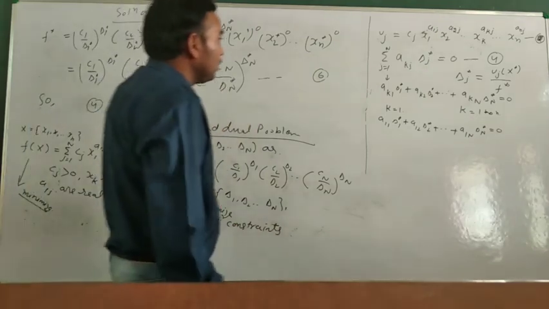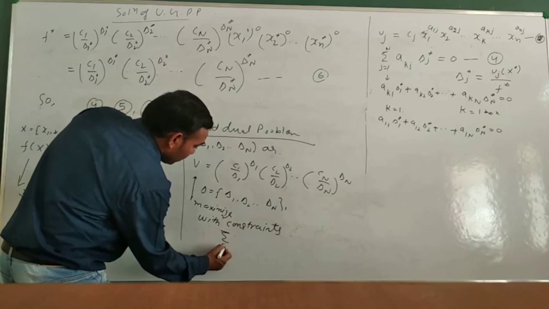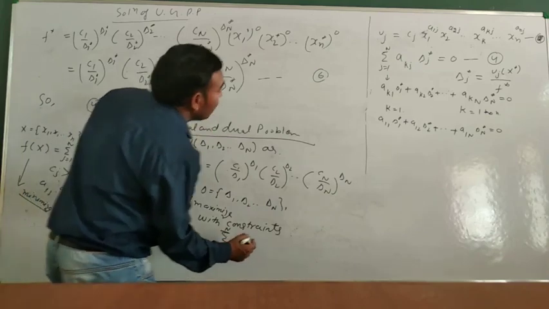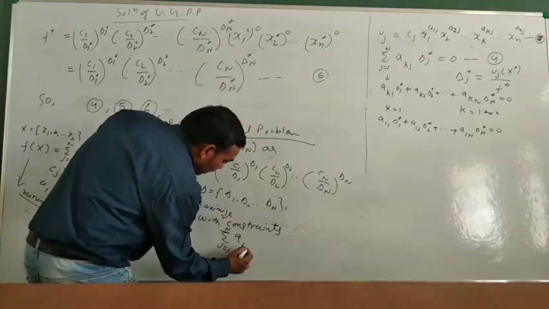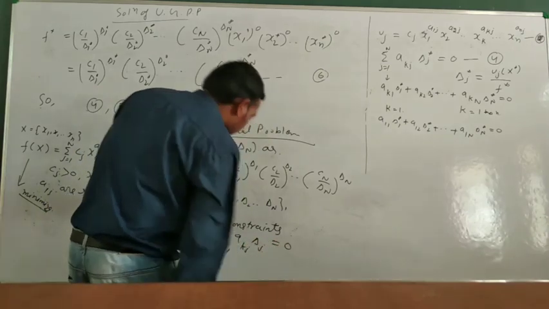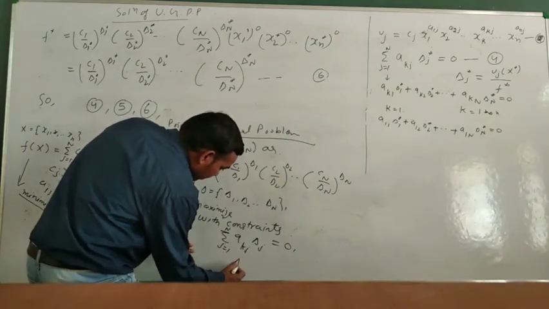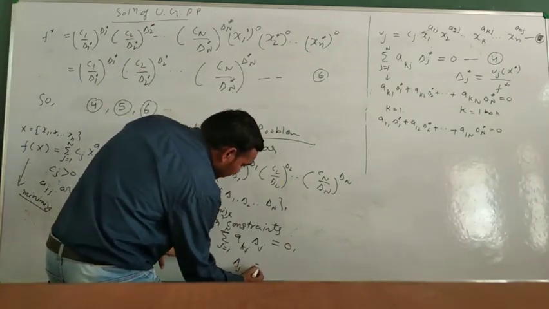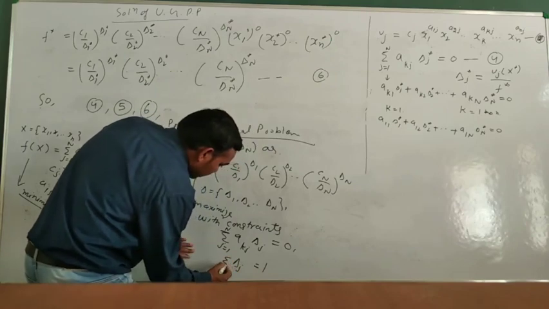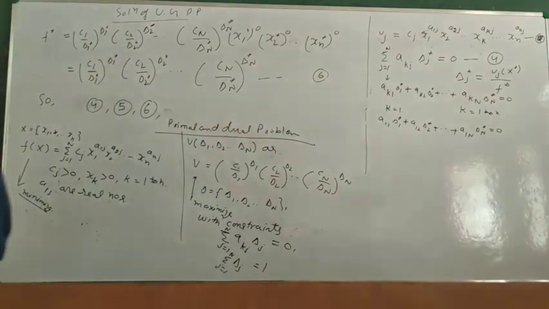What are the constraints? Summation j equal to 1 to n akj del j equal to 0, and summation j equal to 1 to n del j equal to 1.